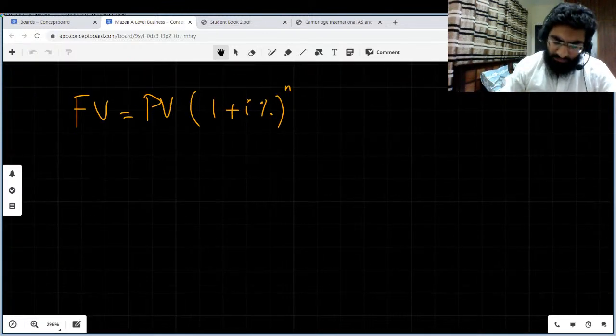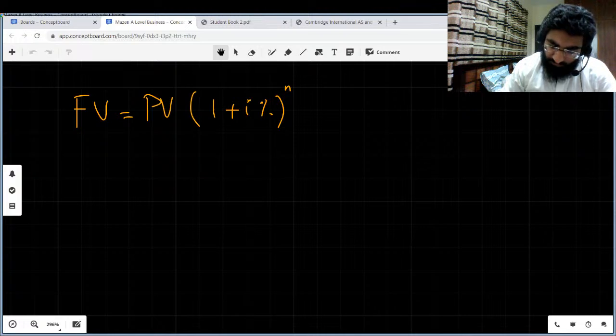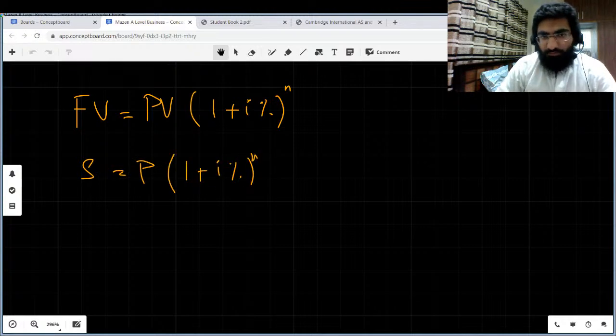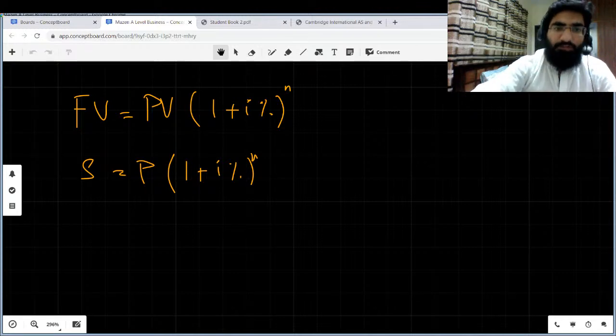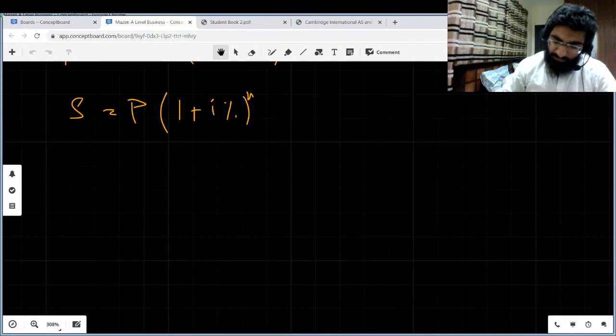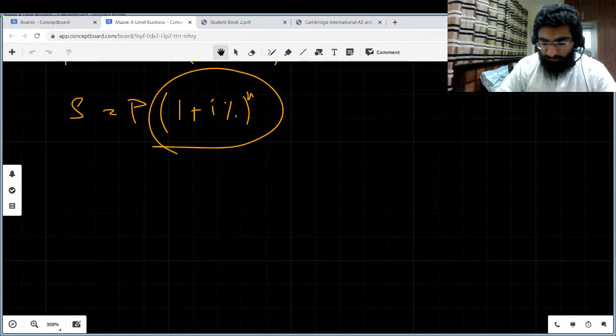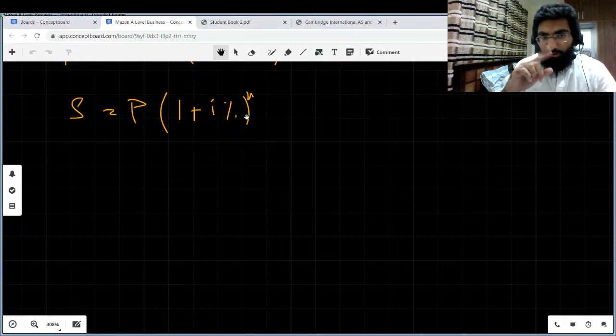Sometimes we use the symbol S for future value, P for present value, and 1 plus I percent raised to the power n. This factor, 1 plus I percent raised to the power n, is called the growth factor. I made a mistake, one second. So this is how you calculate future value.